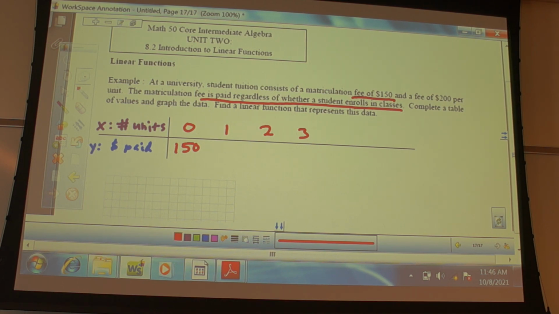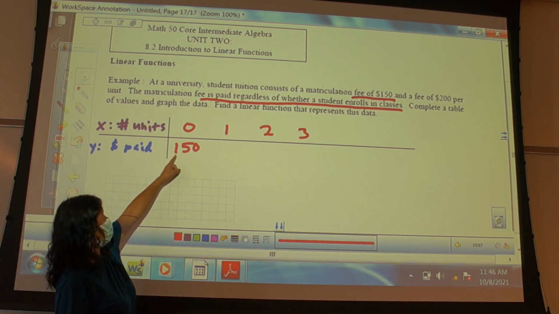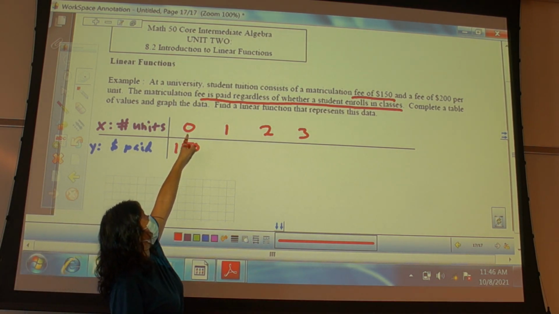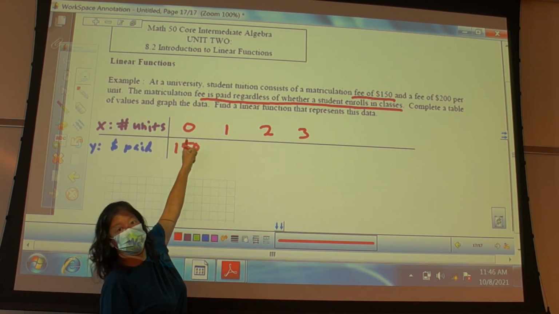So I pay $150 no matter what, plus $200 per unit.